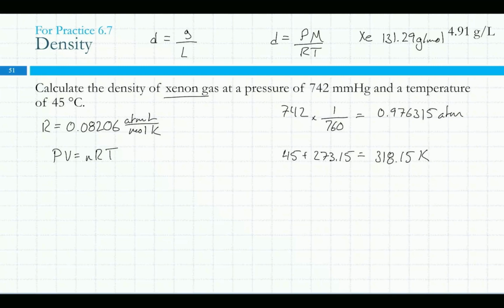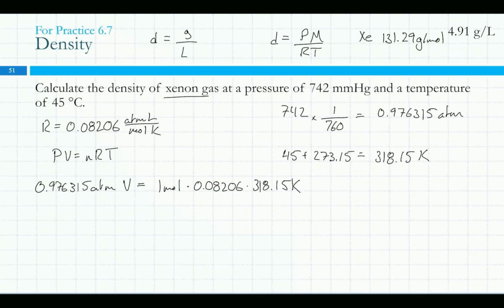Because if I have 1 mole of xenon, then I know its mass. 1 mole of xenon is 131.29 grams. And then I can calculate the volume of 1 mole, because I'll plug in 0.976315, and then 1 mole times R times the temperature.